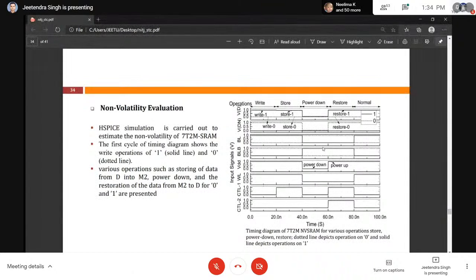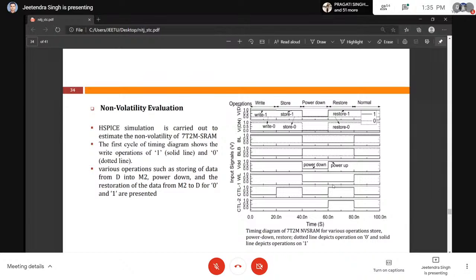And when we want to restore this information, we just have to power up. But here we don't have connections between the node and the bit line through the access transistors. So you can see that the bit line and bit line bar are 0, and WL is still 0.